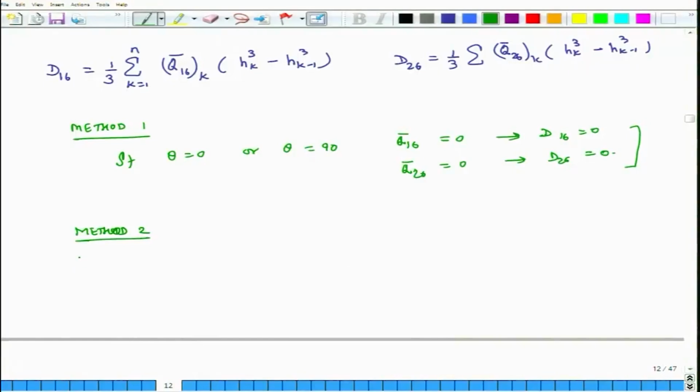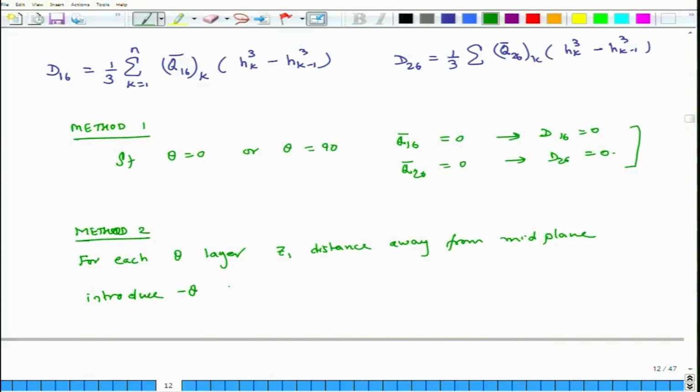So, here for each theta layer Z1 distance away from mid plane, we introduce a negative theta layer minus Z1 distance away from mid plane. So, this is what we want to do.